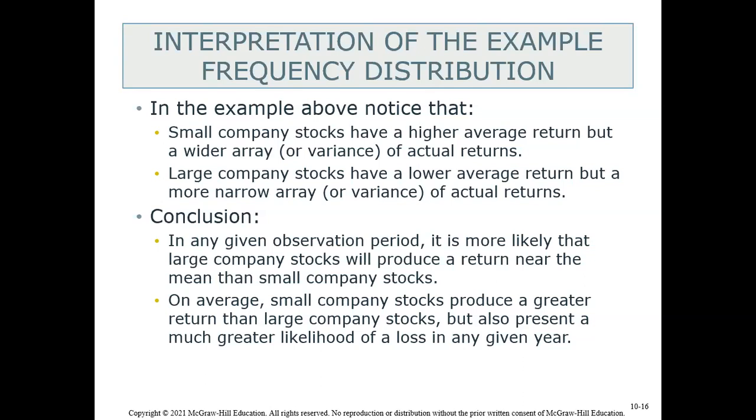In a small company stock, because the returns are all over the place, we're going to have observations farther away from the average or the mean. And that's depicted in the picture on page 299. But in a large company stock, the volatility or variance is not as great. So the returns will be closer to the average than they will for a small company stock.